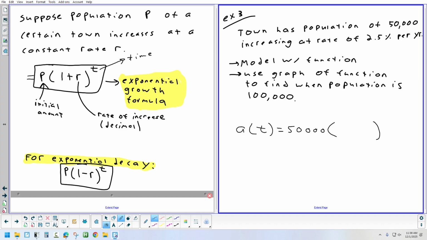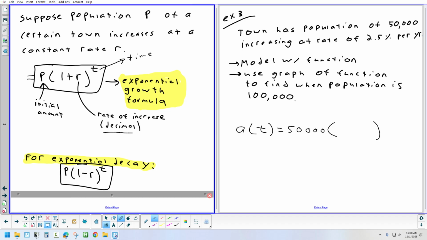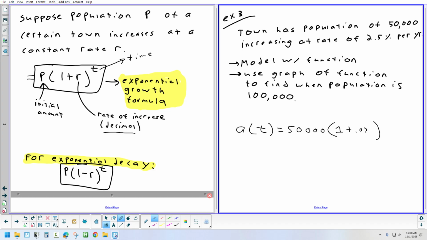And remember, whatever rate they give you, you need to make sure it's a decimal. Yep, 1 plus 0.025. And there's one more thing we need there. We need time, and where's that going to go? As a power, yeah, as an exponent.